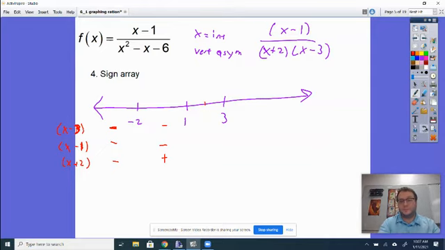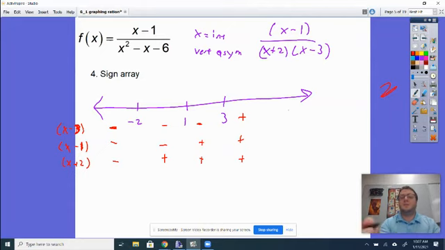I get a negative here, but here 2 minus 1 is positive, and this is positive. Out here, something like 5: 5 minus 3 is positive, and the others are also positive. So you notice I get this nice stair-step pattern.